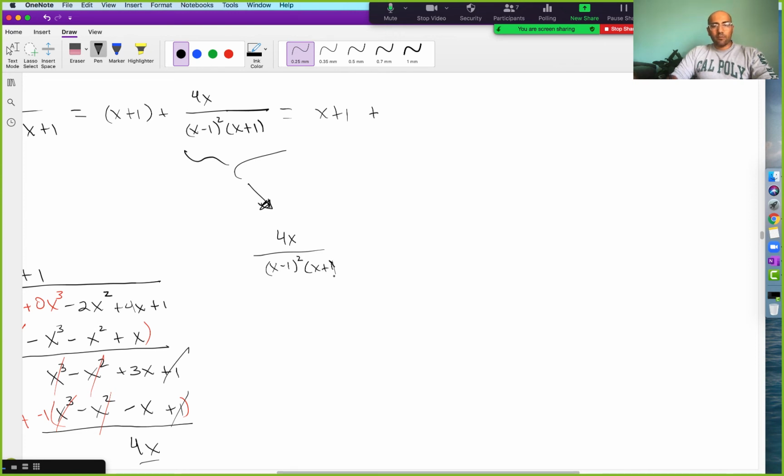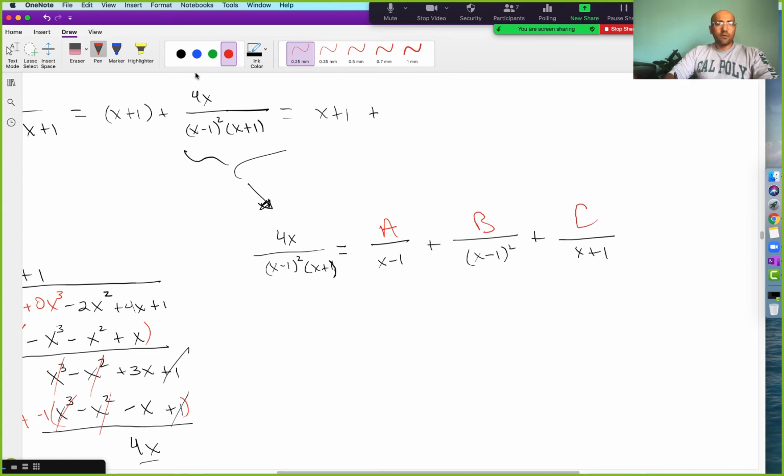Based on the properties of partial fractions, we know that this is going to be one fraction that has an x minus 1, plus another fraction that has an (x minus 1) squared, plus another fraction that has an x plus 1. And all of these are going to have constants a, b, c.